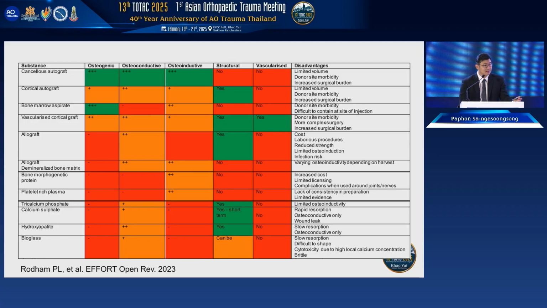The problem with allograft is limited by cost and harvesting, limited osteoconduction, and infection risk. So nowadays we move on to use demineralized bone matrix combined with the graft. For the growth factor base, we have bone morphogenetic protein, or BMP, and platelet-rich plasma, and for the ceramic base, we mostly use hydroxyapatite, which has limited osteoconduction.